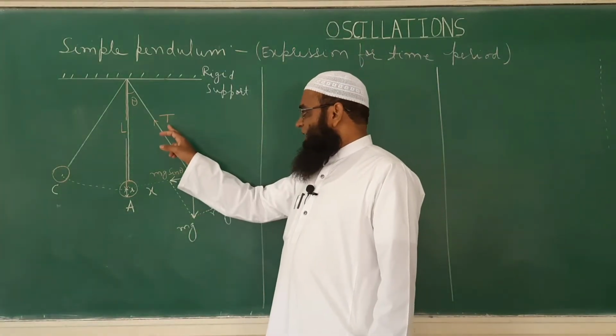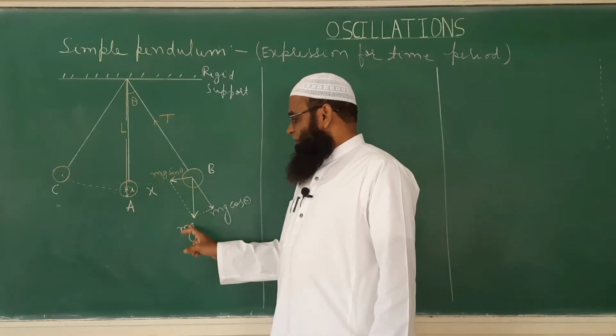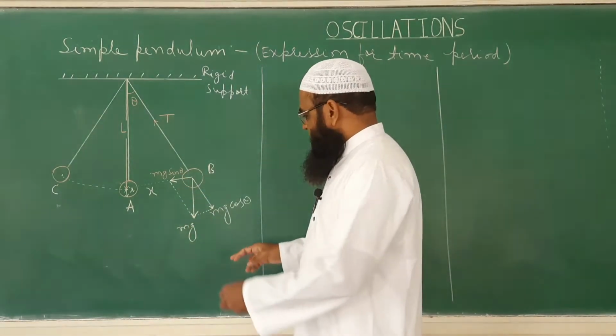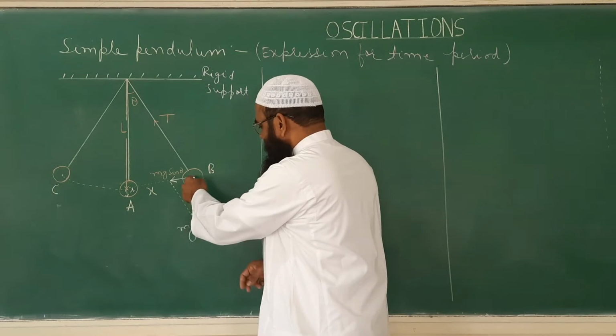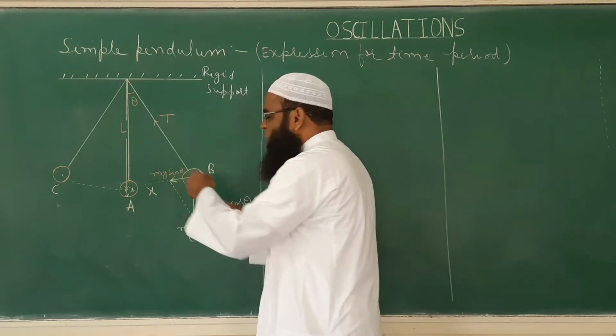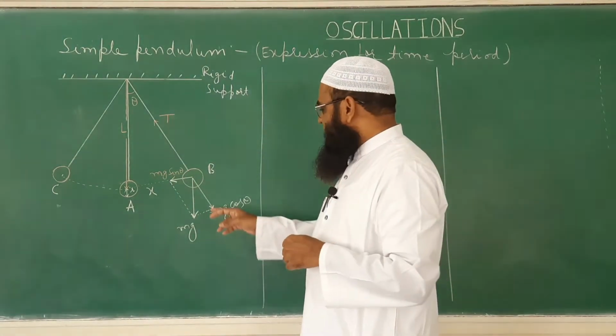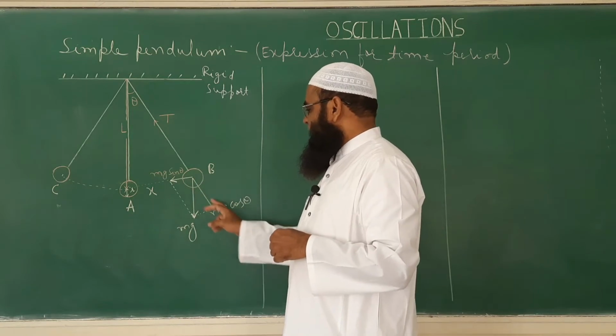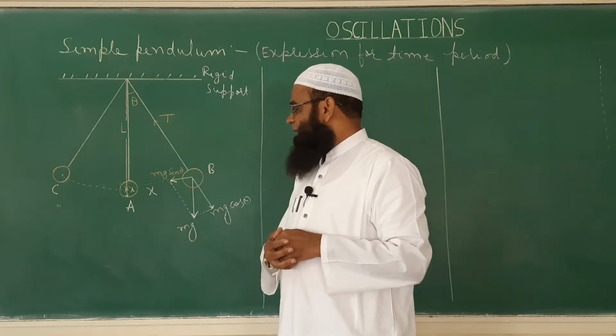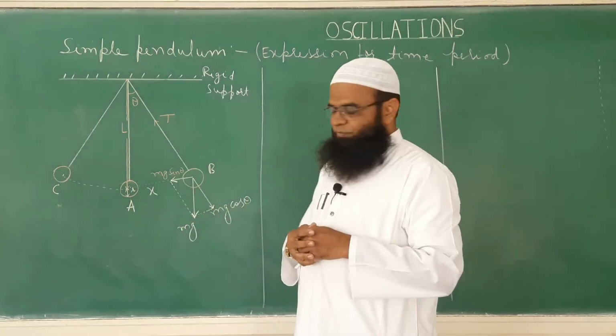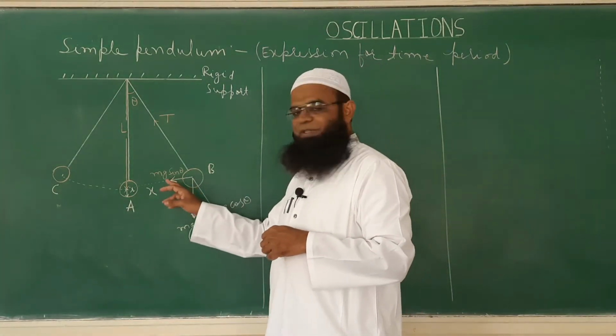Now, we can resolve the weight of the bob into two components: mg cos theta and mg sin theta.